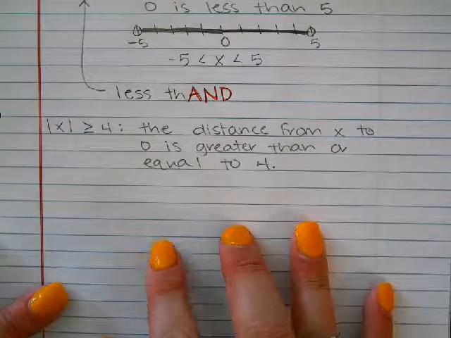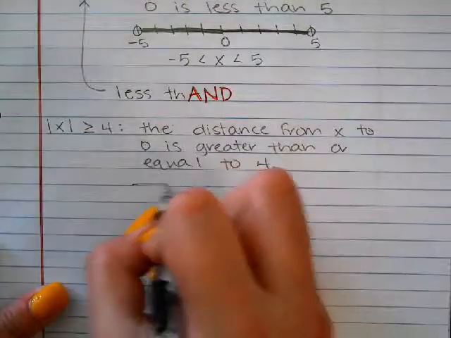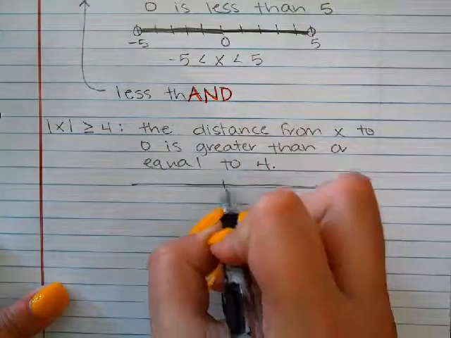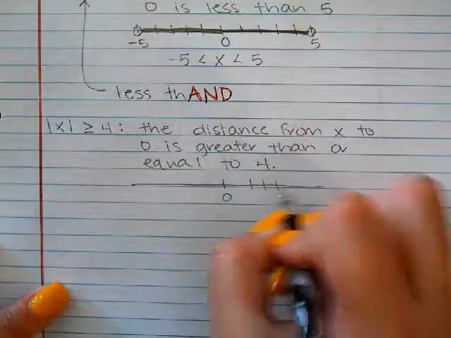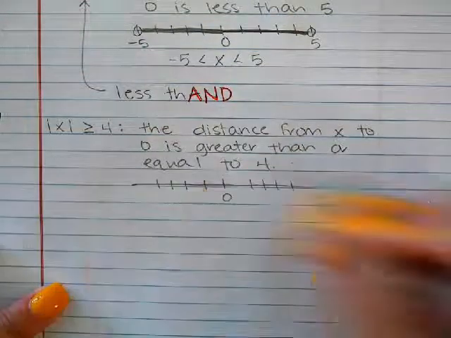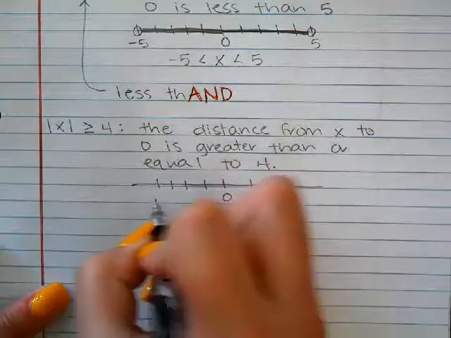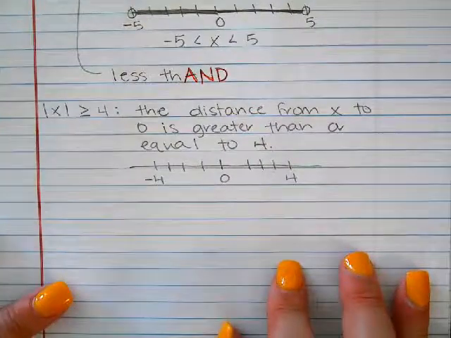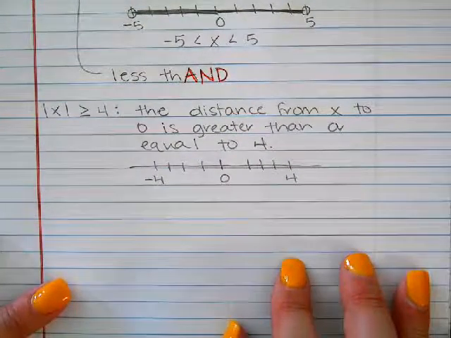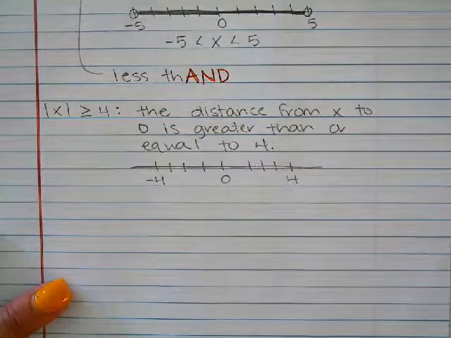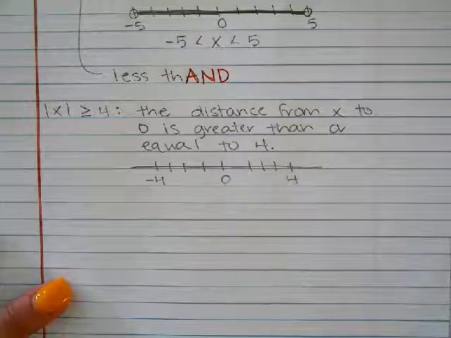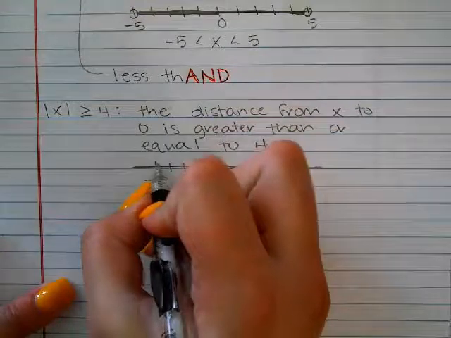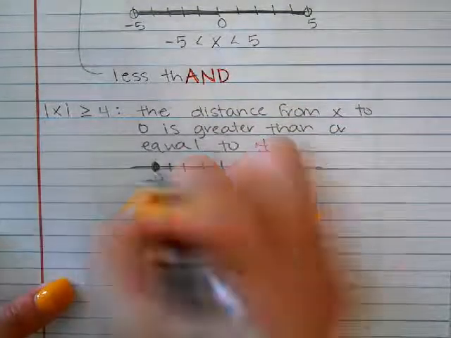Okay, so let's draw our number line. 0, 1, 2, 3, 4, negative 1, 2, 3, 4. The distance is greater than or equal to 4. So can the distance be 4 exactly? Yes. Okay, so the number can equal -4, the number can equal +4.